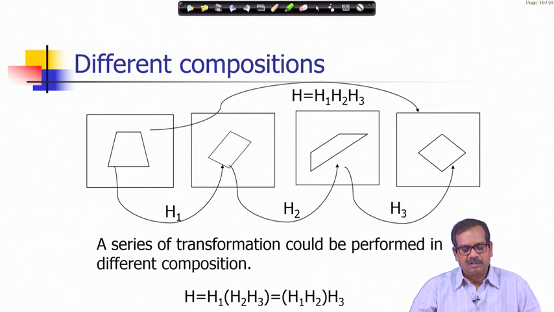This will give me the composite matrix H. You can perform these compositions in different ways, and this is possible because of the group property.